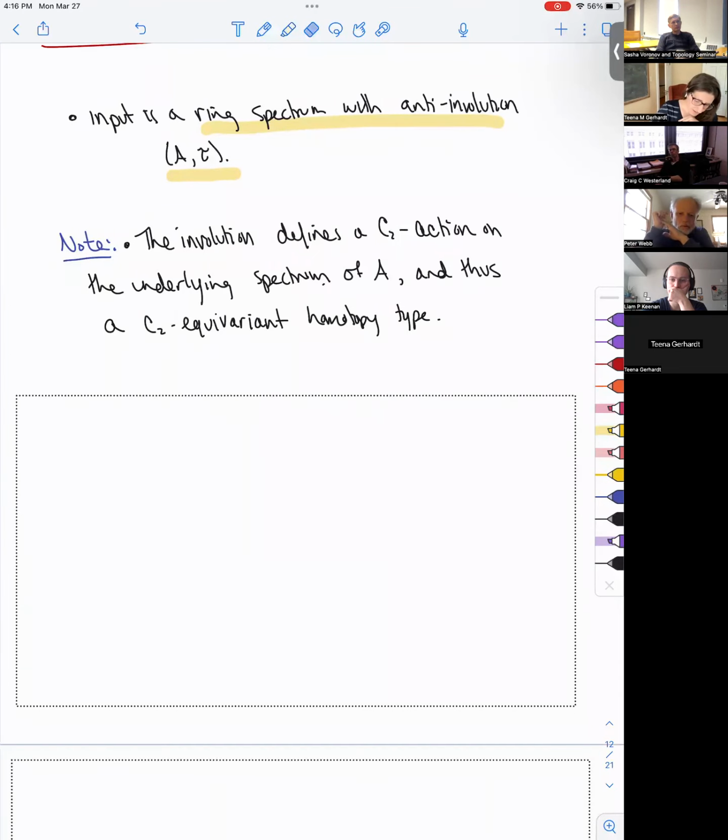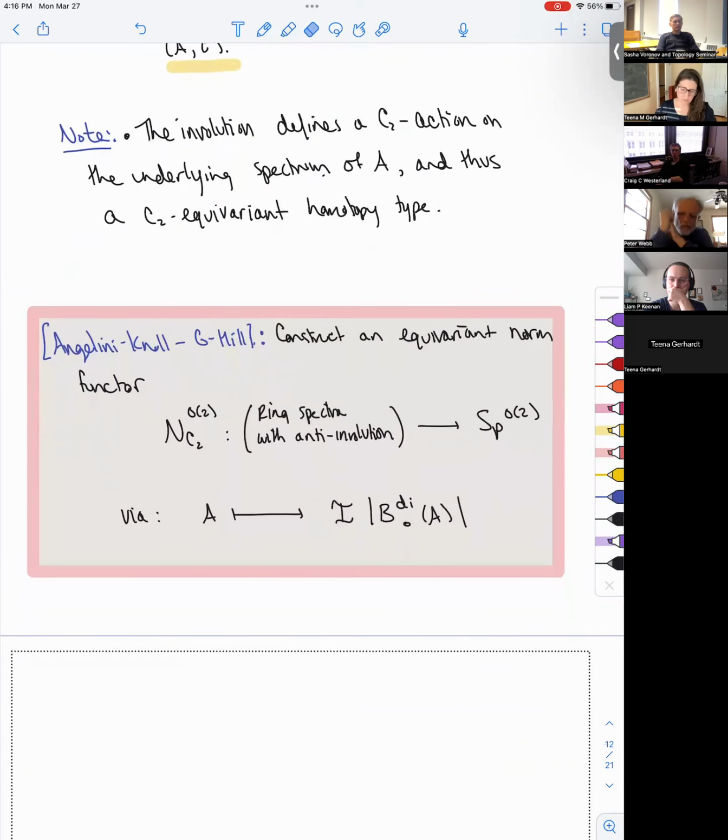And so one thing that we show in this joint work of Gabe Angelini-Knoll, myself, and Mike Hill is that we construct an equivariant norm. We show that if I'm interested in the norm from C2 to O2, so from the cyclic group of order 2 to the orthogonal group, you can construct a norm using the dihedral bar construction.